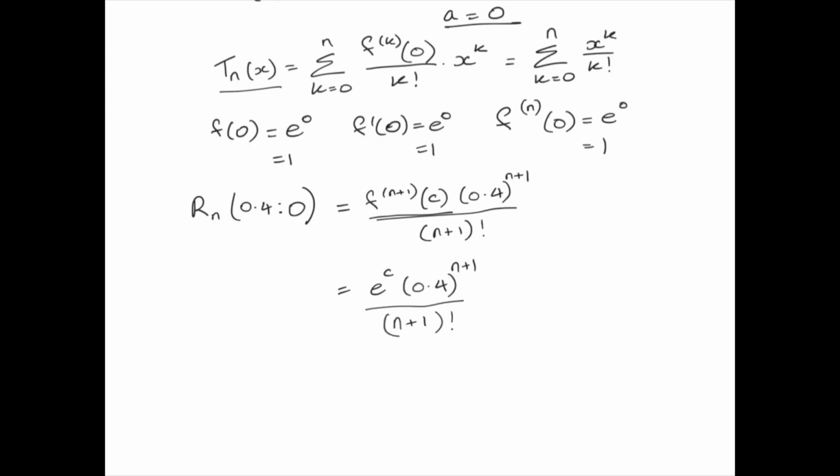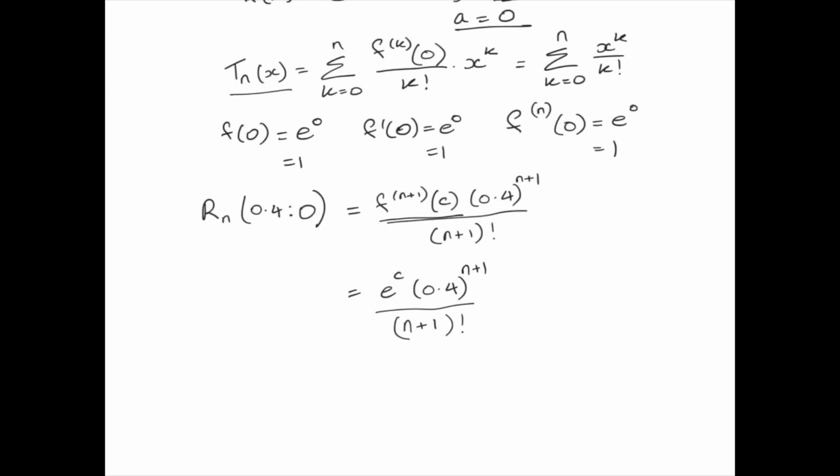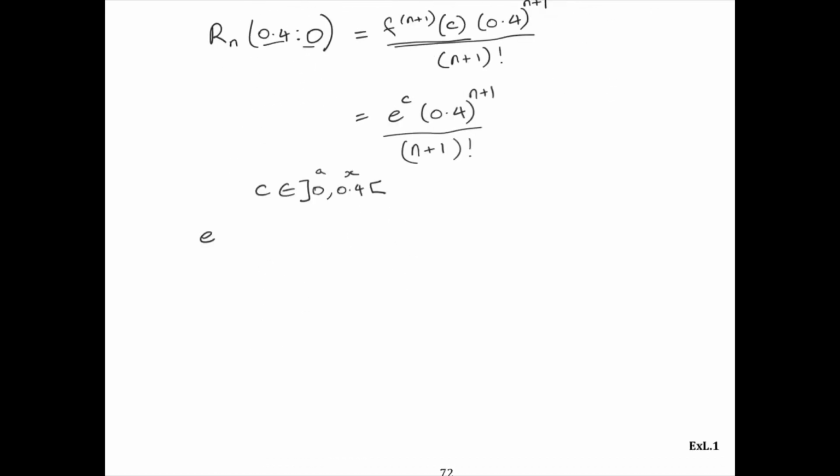Now we have to remember c, by definition, is in the interval from, what's smaller out of 0.4 and 0? 0. And this should be an open interval, I apologize. c is within the open interval from 0 to 0.4, or as you know it, a to x as well. If c is within there, we're told in the question e is less than 2.72.